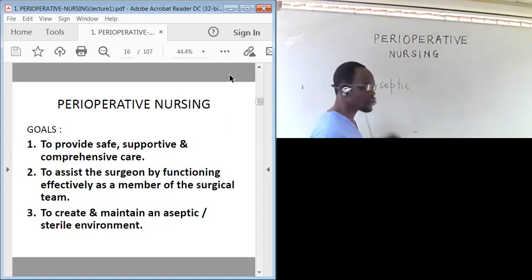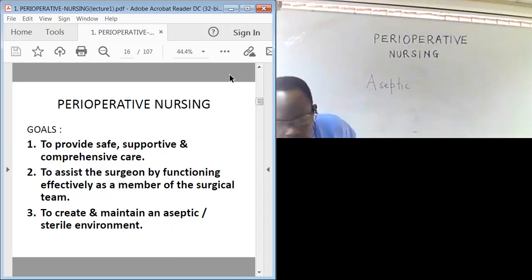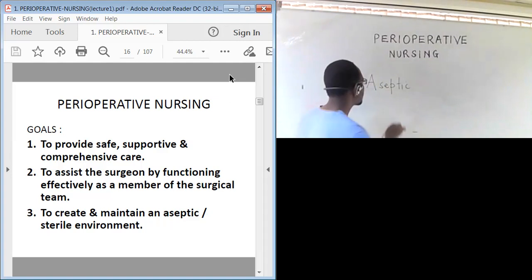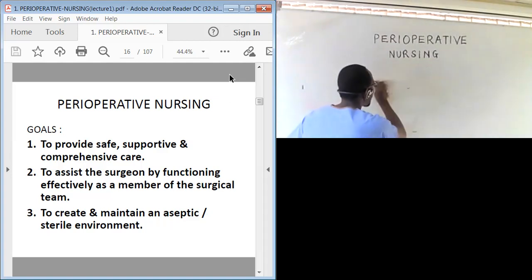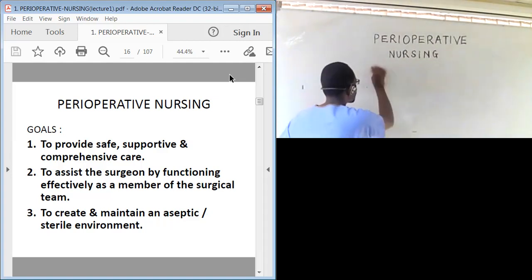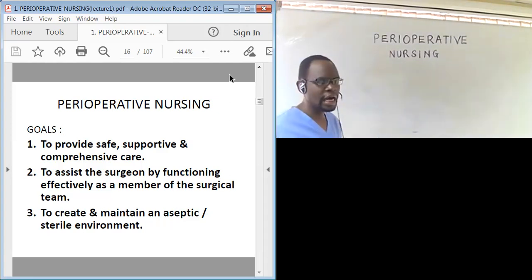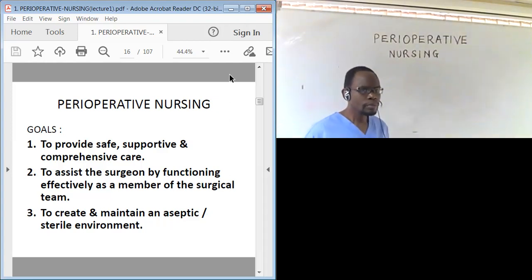It is one of the goals of nurses as the procedure is going on.